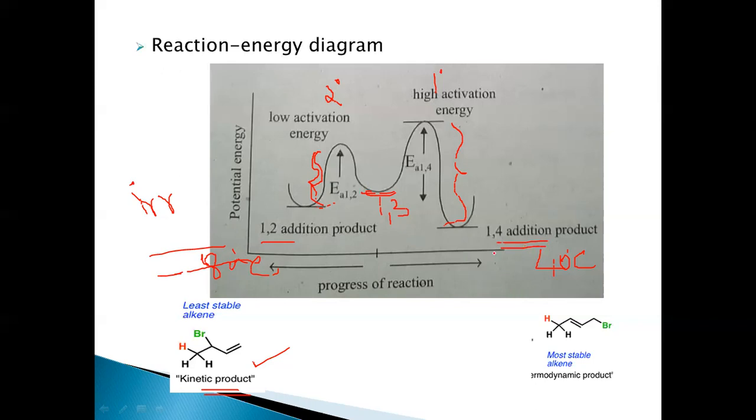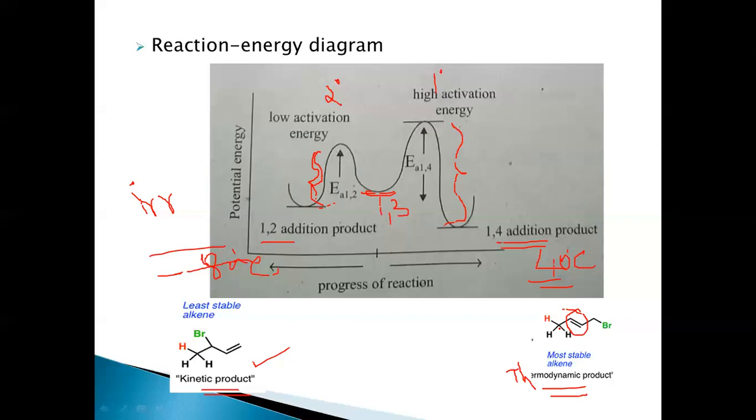Because this is thermodynamically more stable, the 1,4 addition product is formed more at 40 degrees centigrade. It's called a thermodynamic product because at higher temperatures, the more stable alkene is formed. We know that the more substituted alkenes are more stable.